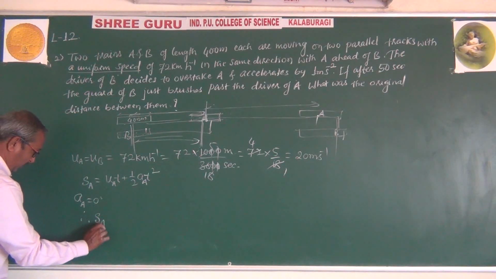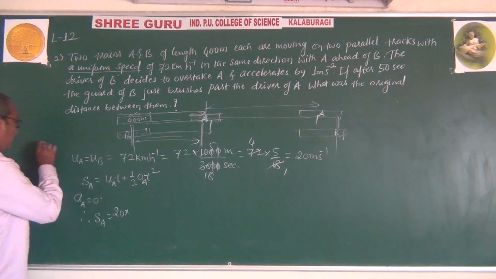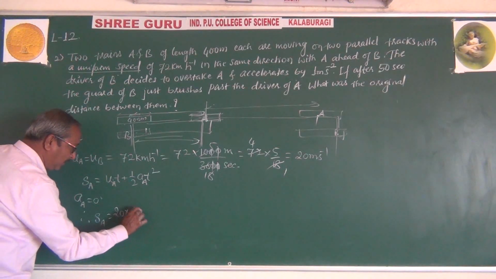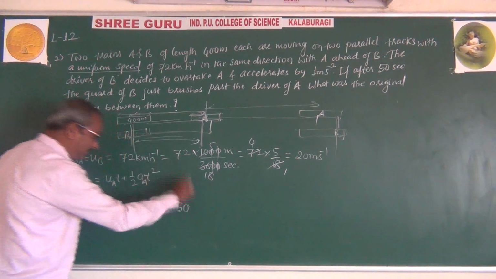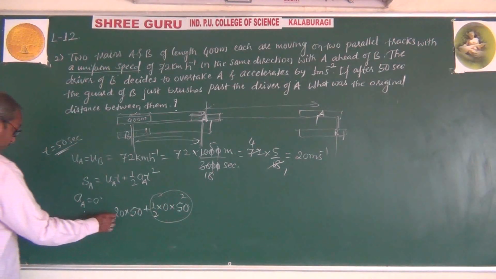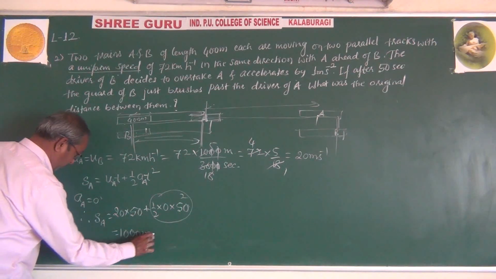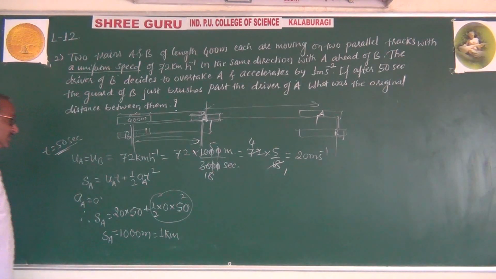Therefore S A equal to 20 into 50 plus 1 by 2 into 0 into 50 square. The second term goes to 0, so 1000 meters, which is equal to 1 kilometer. Distance covered by the train A is 1000 meters in a time of 50 seconds.